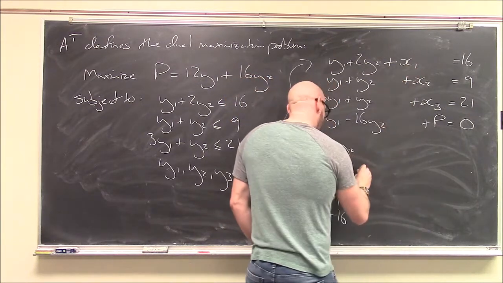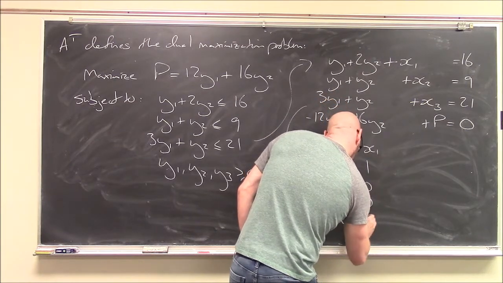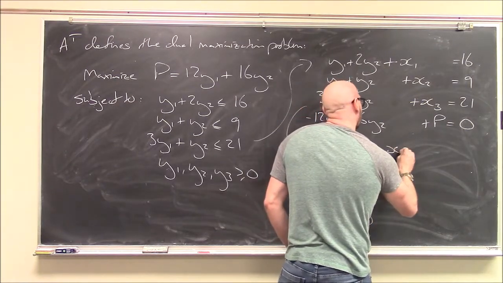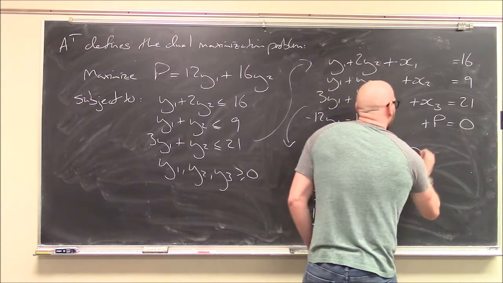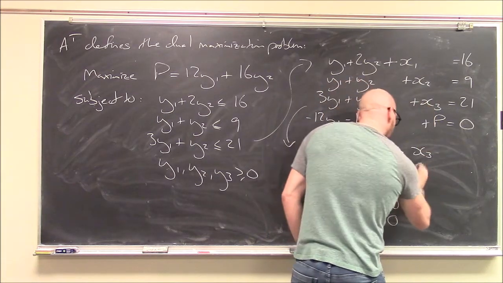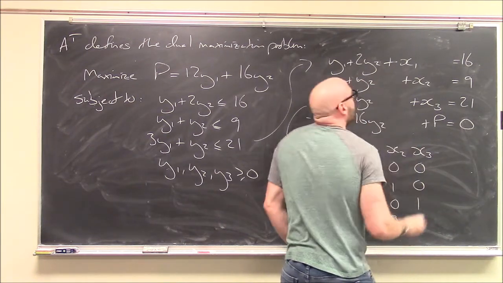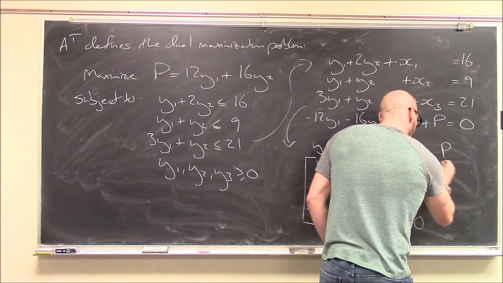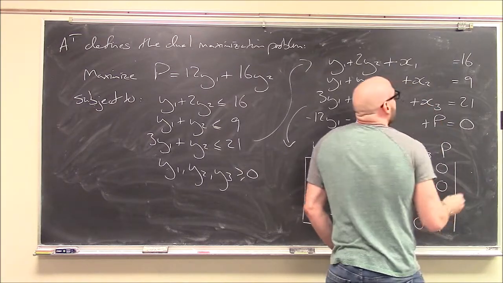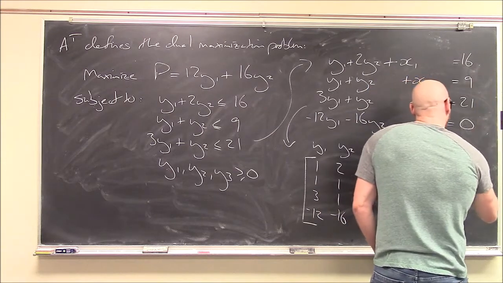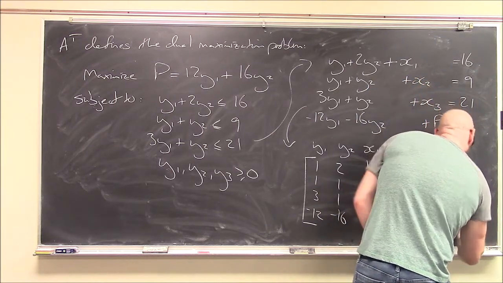Next column x1: 1, 0, 0, 0. Next column x2: 0, 1, 0, 0. Next column, coefficients of x3: 0, 0, 1, 0. Next column, coefficients of p: 0, 0, 0, 1. And then we've got our constants: 16, 9, 21, 0.